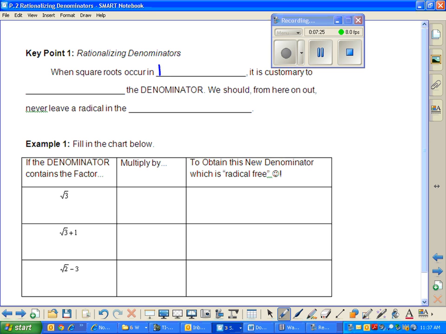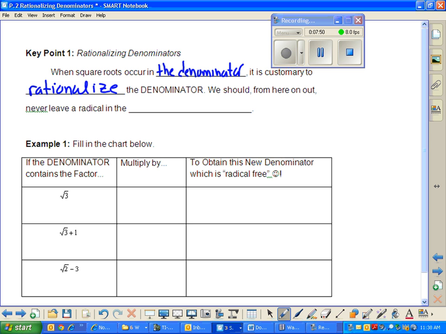When square roots are in the denominator, which is the bottom, it is customary to do this thing called rationalizing the denominator. Do you see how it uses the word customary? It doesn't say it is wrong to leave a radical in the bottom of a fraction. It says customary.